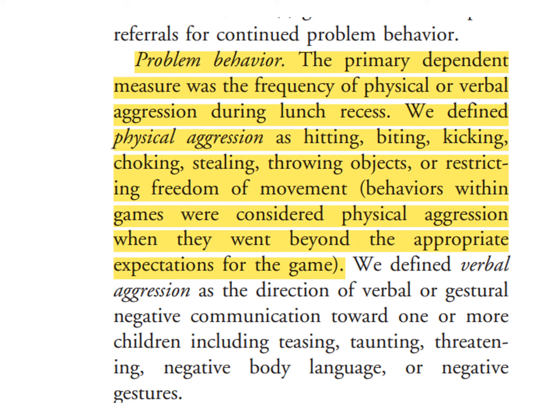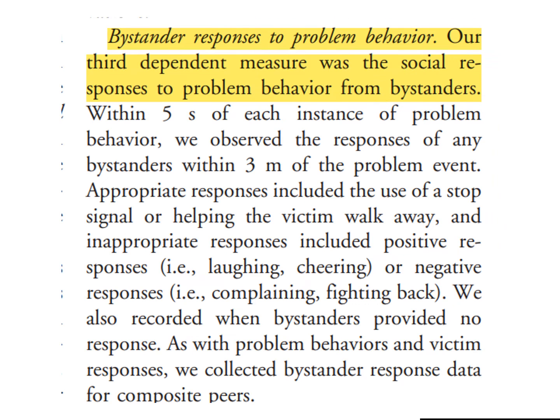Okay, and then sometimes you'll see operational definitions of behavior, and this can be really helpful if you're collecting data yourself or you want to. So here they have their definition of problem behavior, and it's really helpful to read through those and see how they're measuring things. Then they have bystander responses to problem behavior.